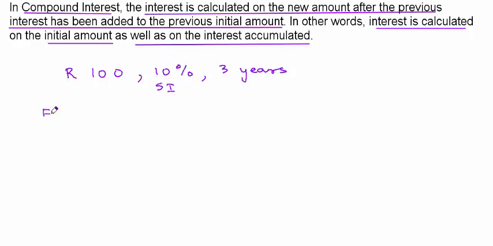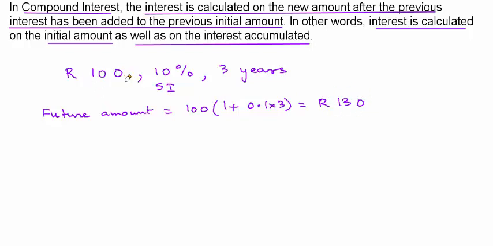Therefore, the future amount is going to be equal to 100 times 1 plus 10% as a decimal is 0.1 times 3, which is equal to 130 Rand. 0.1 times 3 is 0.3. Add 1, you get 1.3. 1.3 times 100 is 130. I just did that all in one single step.